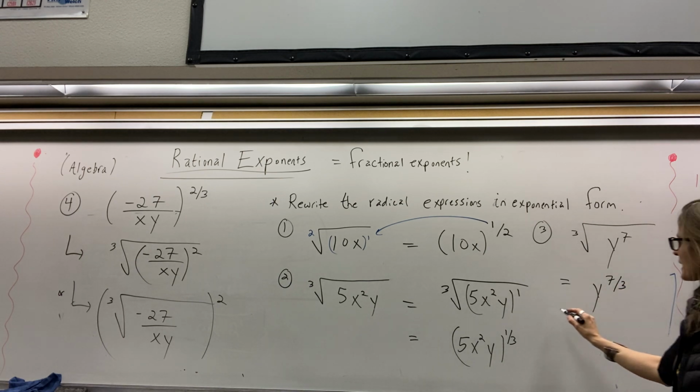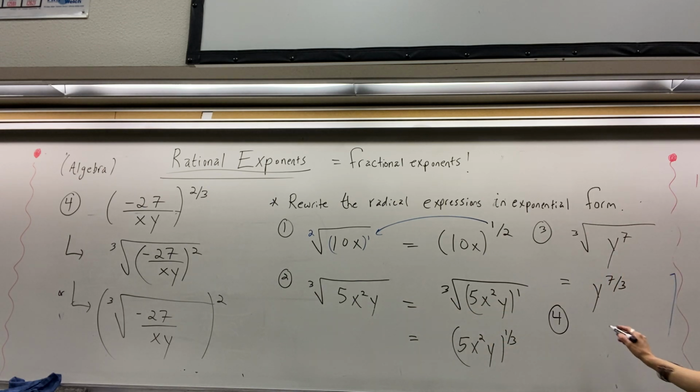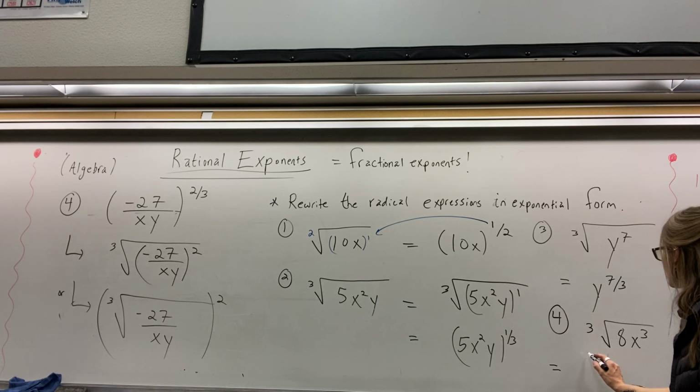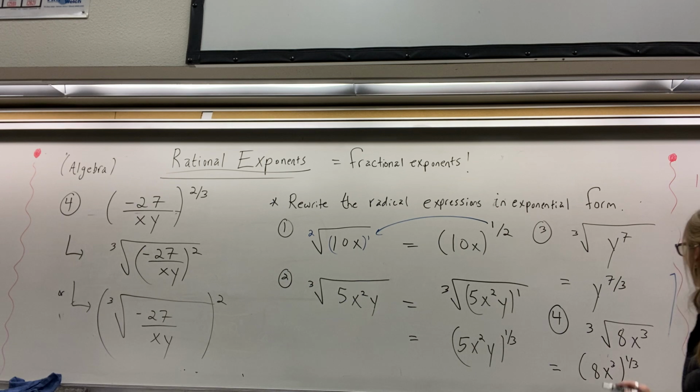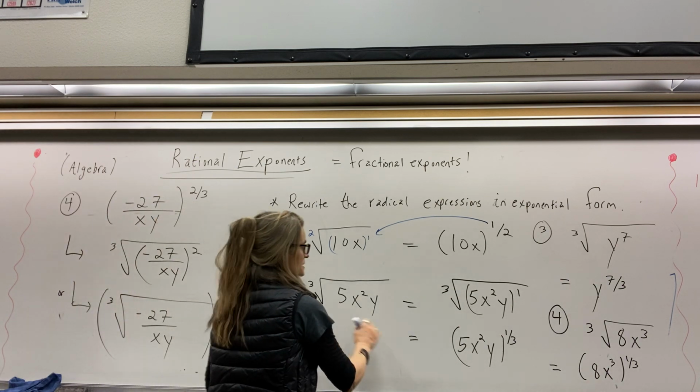Then when I mix them up, to give you another example of a situation like this, if I had the cube root of 8x cubed, even though I could simplify this expression really easily, I'm not asked to evaluate, I just want to rewrite it and say this is 8x cubed to the 1/3 power. Sometimes I could simplify this easily if I needed to, but all we're doing is rewriting. So in our process, this and this are equivalent.